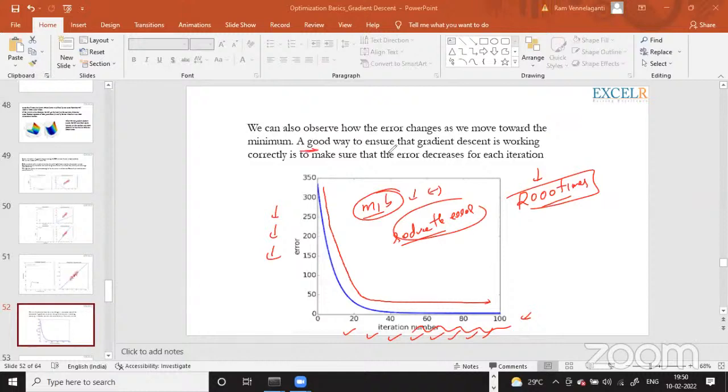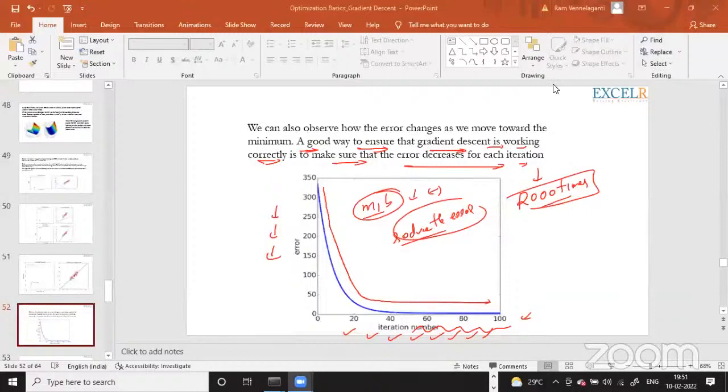A good way to ensure that gradient descent is working correctly is to make sure that error decreases after each iteration. So a good way to ensure that your gradient descent is working is to check that after every iteration, your error is decreasing.